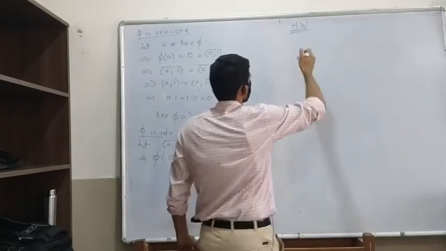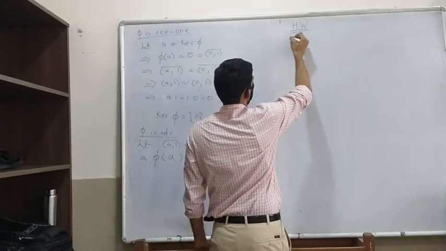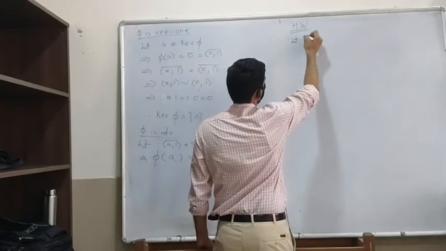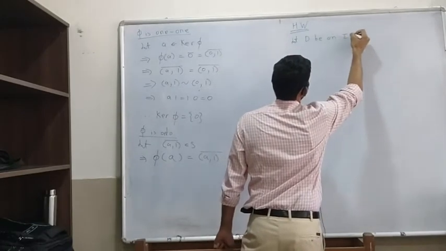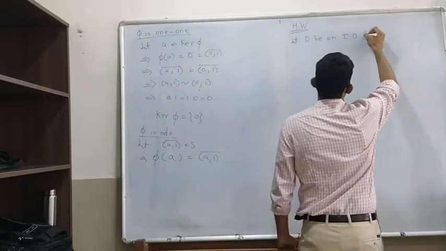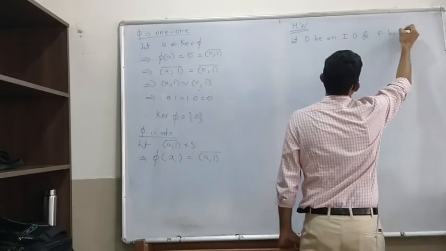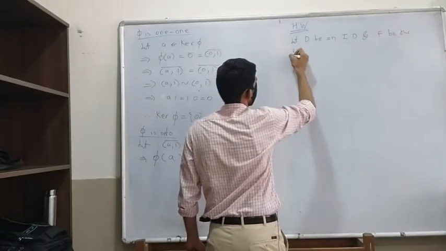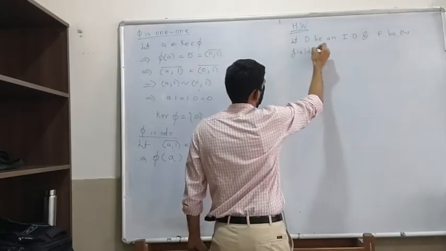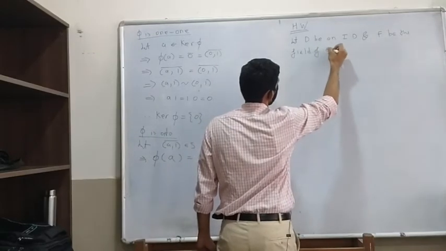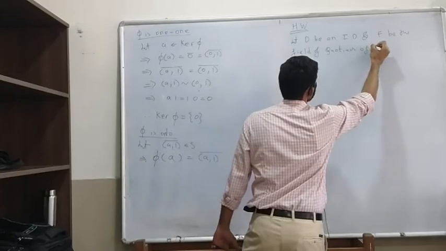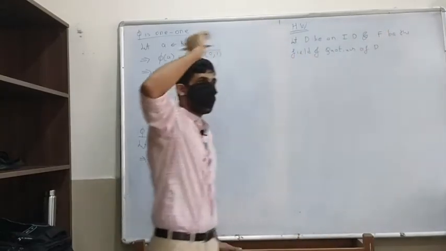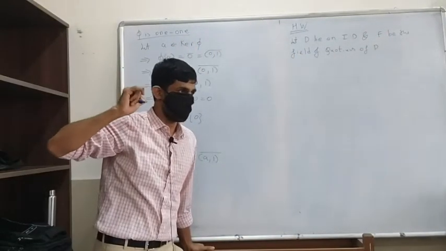In other words, let D be an integral domain and F be the field of quotients of D. How is this F defined? The way in which we have defined it in the theorem.